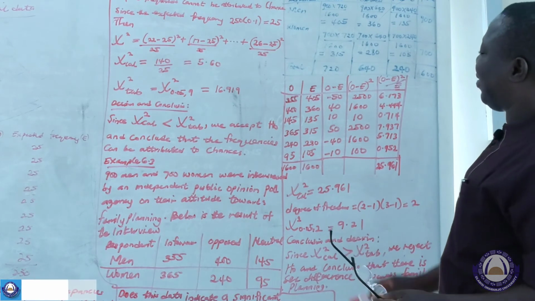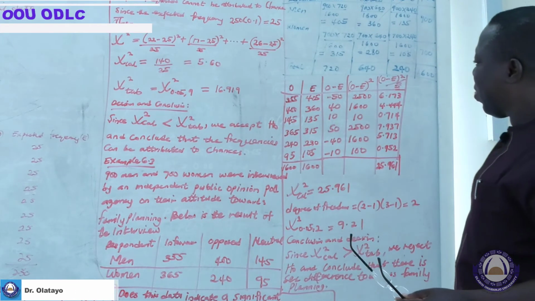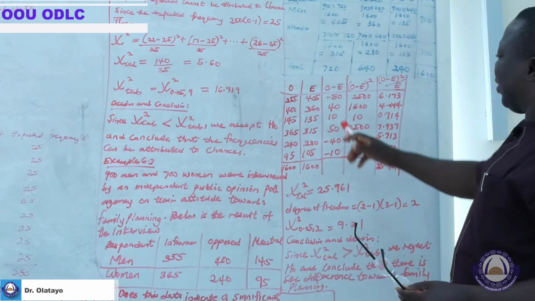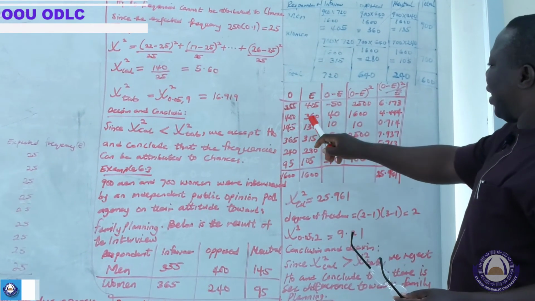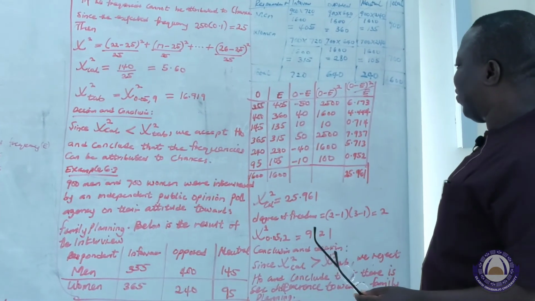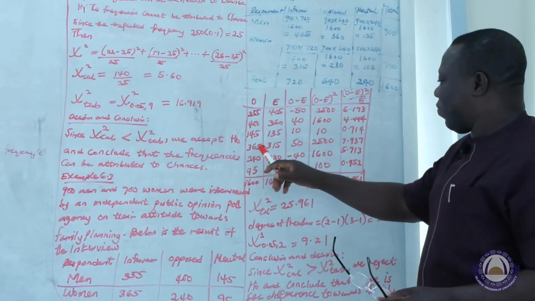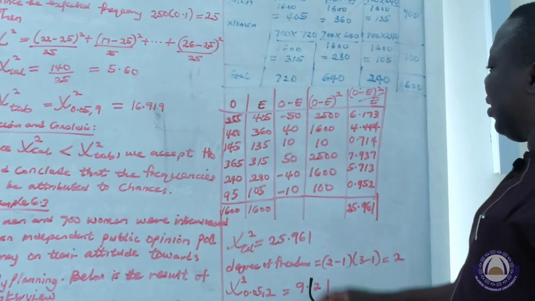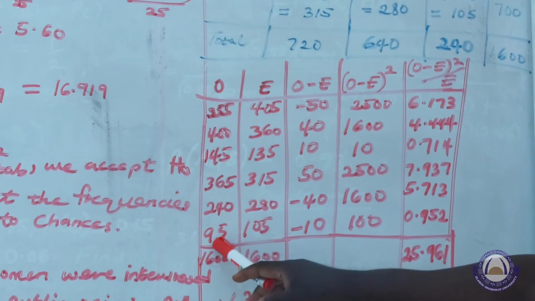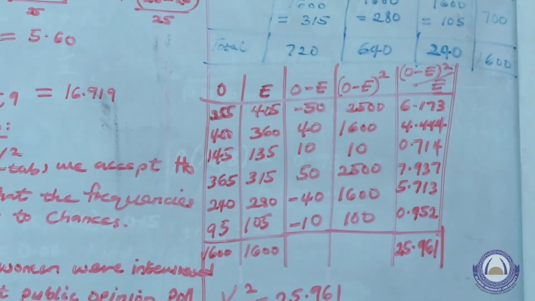Now we subtract the expected value from the observed value. 405 from 355, we have minus 50. 360 from 400, we have 40. 135 from 145, we have 10. 315 from 365, we have 50. 280 from 240, we have minus 40. 105 from 95, we have minus 10.